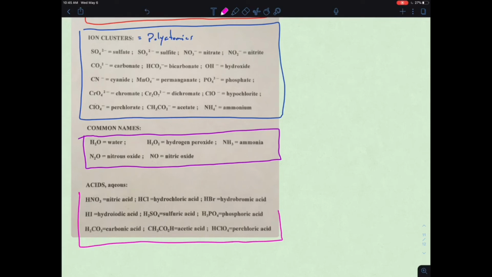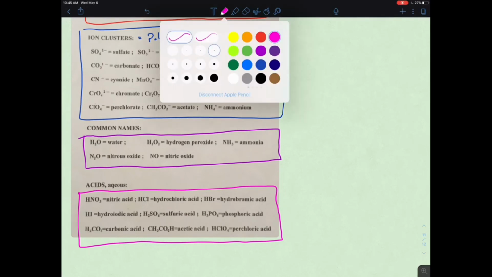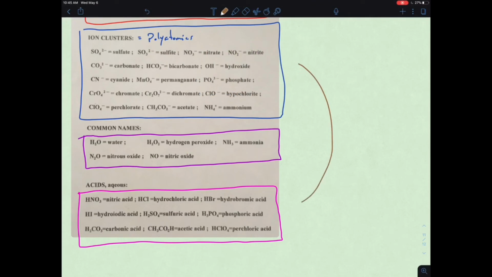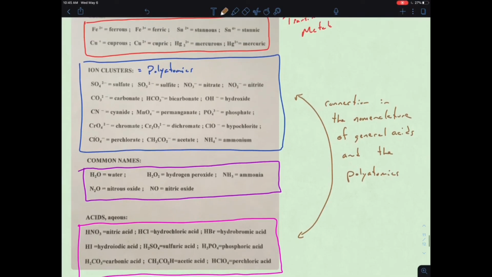And the common acids, I think, are important because what I'd like to really help out with is a connection, that there's a connection in the nomenclature of general acids and basically these polyatomics. So when we look at the table, we have the transition metals.